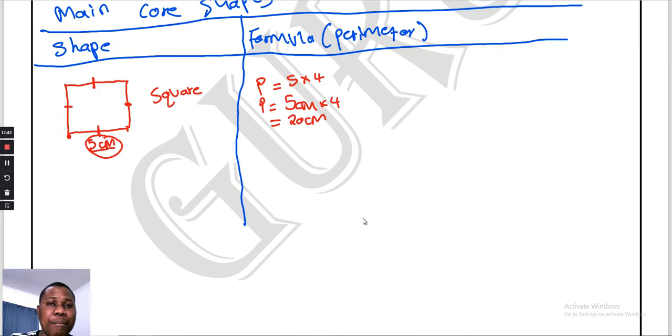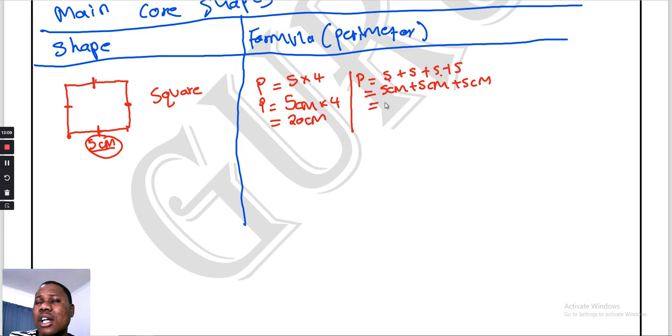Okay, now someone can come again and say the perimeter equals side plus side plus side plus side, because we have how many sides? 1, 2, 3, 4. So that will be 5 centimeters plus 5 centimeters plus 5 centimeters plus 5 centimeters, which is 20 centimeters.